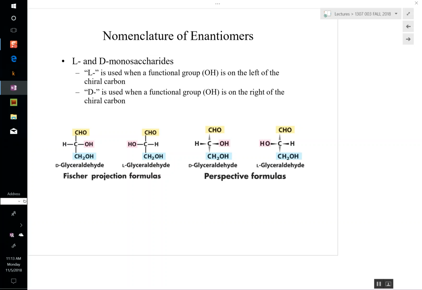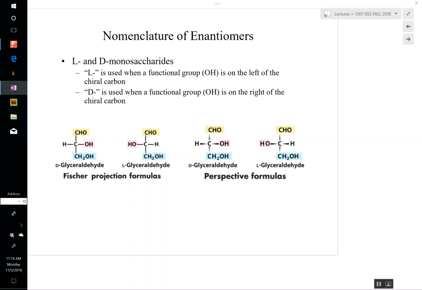This is our reference. So what do you do? On a Fischer projection, you orient the carbons vertically. You have the carbons fade away from you. So if you think of your chirocarbon being right on the board, think of the other 2 carbons being behind the board.